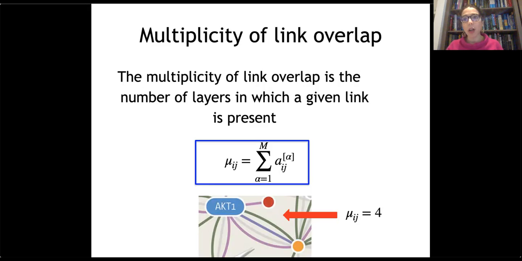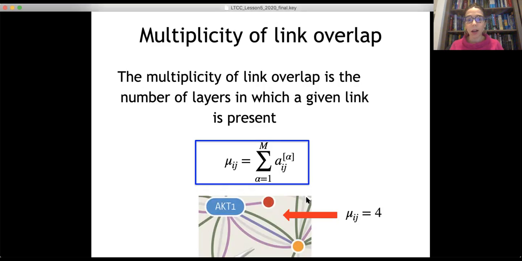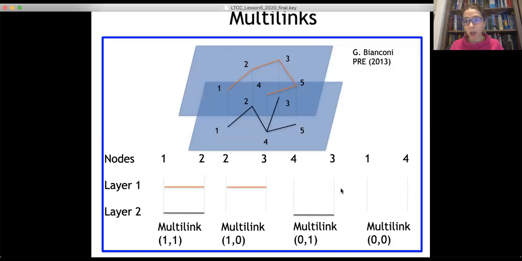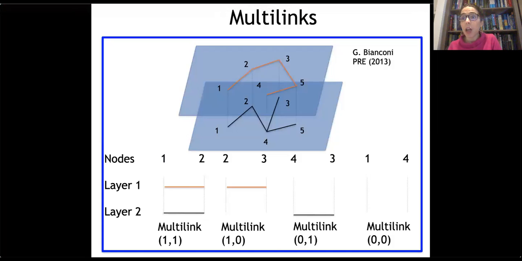So for instance, if you have 2 colleagues in a workplace, one interaction can be exchanging a set of emails, and one interaction could be going on vacation together. And of course, these 2 sets of interaction don't have the same valence. So you want to distinguish between the different types of connection that are connecting any 2 nodes. And in order to do this, you need to define multi-links.